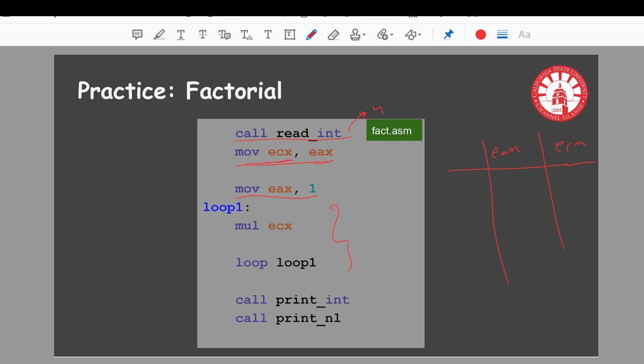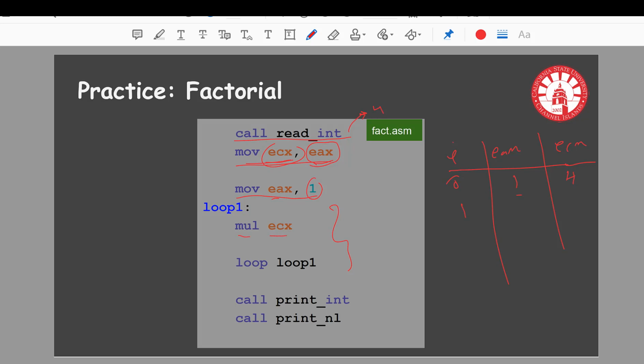Now it's in EAX, and we move EAX into ECX. Therefore, the value of 4 is going to be in here, and then we move the number 1 into EAX. So iteration 0 is going to be this value for EAX and ECX. Let's start the loop and go to iteration number 1.